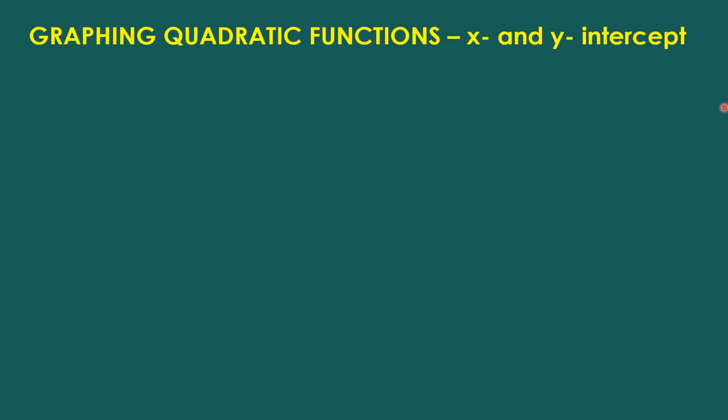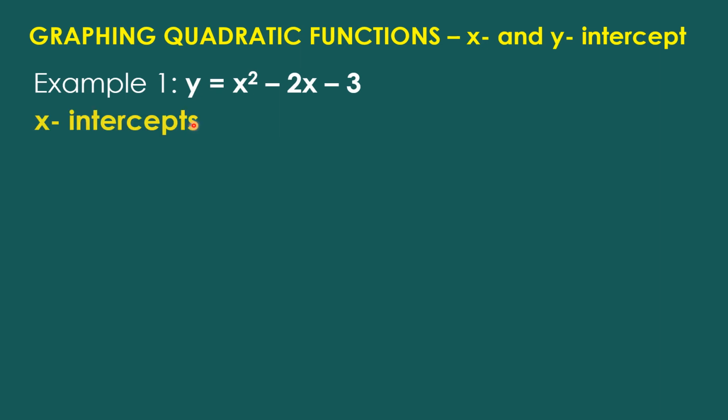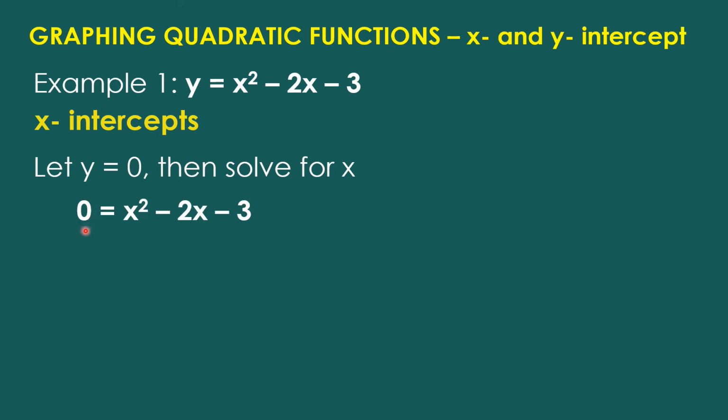Now, let us have an example. Suppose I have y equals x squared minus 2x minus 3. Let us first find the x-intercept. Remember, we have to let y be equal to 0, then solve for x. So if y is equal to 0, we'll have x squared minus 2x minus 3, which is a quadratic equation.